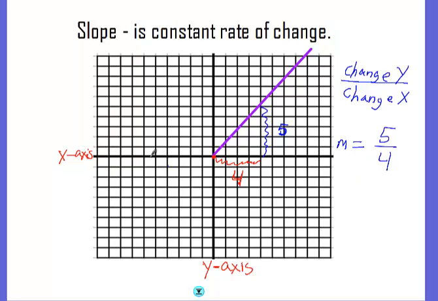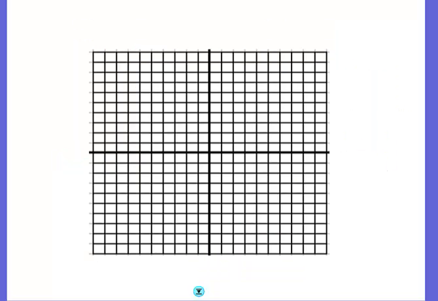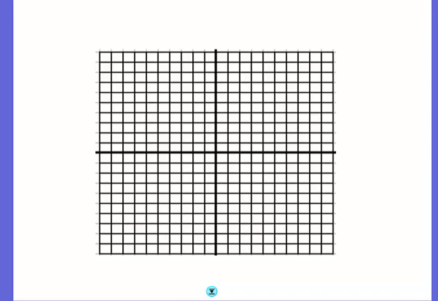Now, the good thing about finding points on a line is that it doesn't matter where your points are. So, for instance, let me draw another line. All right, so we have this purple line.